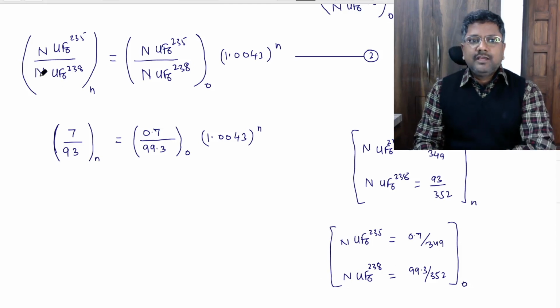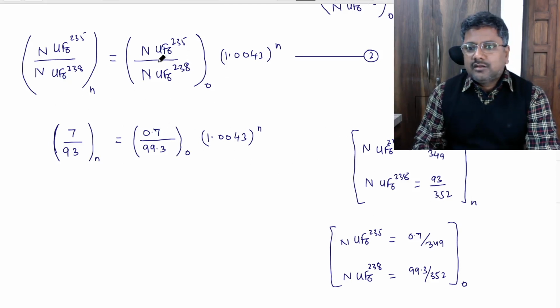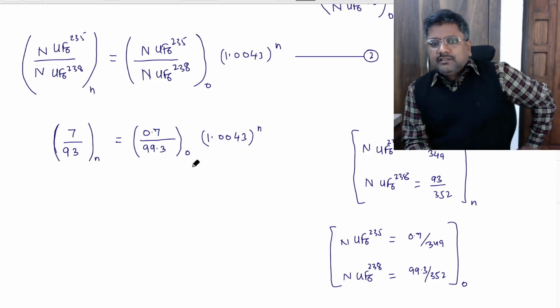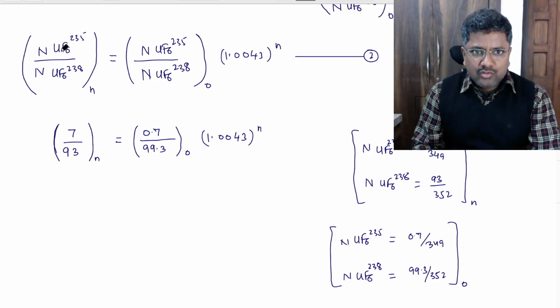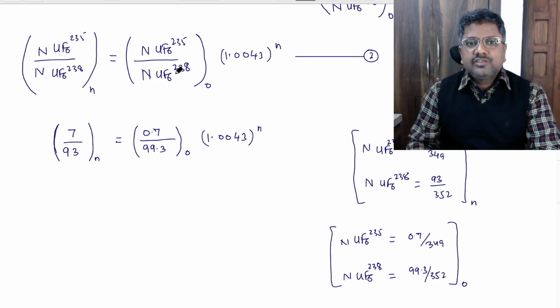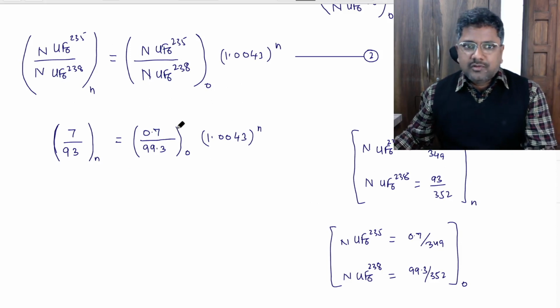So if you put here this value 7 by 349 by 93 by 352 here, and you have put here 0.7 by 349 here and 99.3 by 352 here, so all terms are cancelled, so you will get this. So in this ratio, their molar mass means moles ratio or molecules ratio, and weight ratio, that is equal, no problem, right?